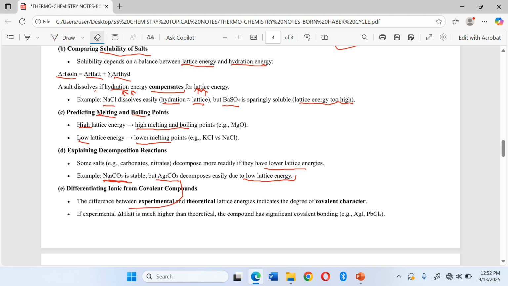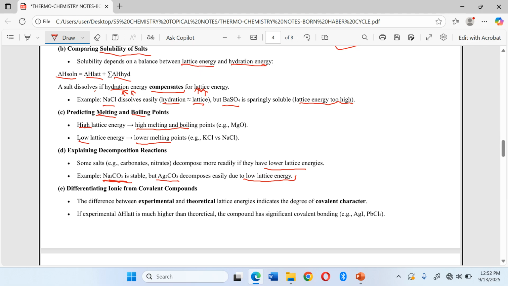When you look at this, we want to look at the last one, differentiating ionic from covalent compounds. So even lattice energy can help to tell us the difference between ionic and covalent compounds.